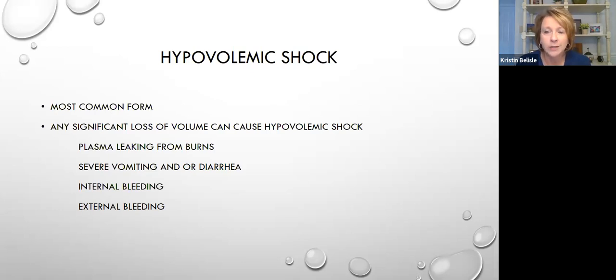Severe vomiting or diarrhea. If you vomit and vomit and vomit and it doesn't stop and you have not replaced your fluids, it keeps on keeping on, one, we're going to go into metabolic alkalosis from the vomiting, and we have a volume loss.